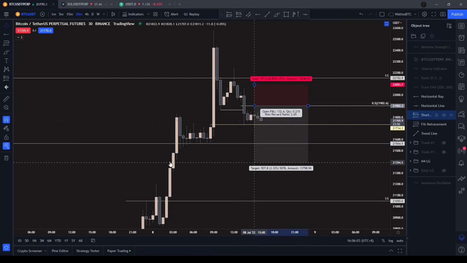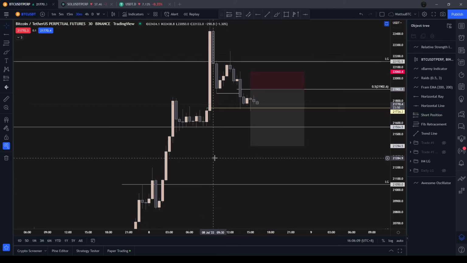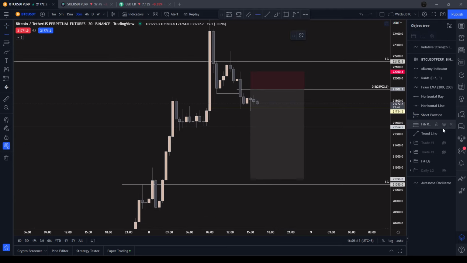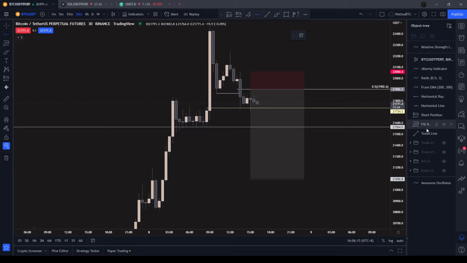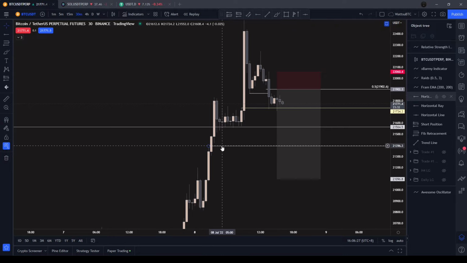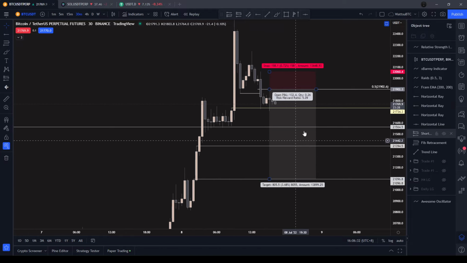Okay, so once we confirm the move down, we can lower this, then we can actually target this. Yeah, let me get rid of the 4-hour time frame LG. Okay, so we have this first level of TP. Then since we have LG here as well, we have that third. Then the next one we have this. Okay, 3 levels of TP.